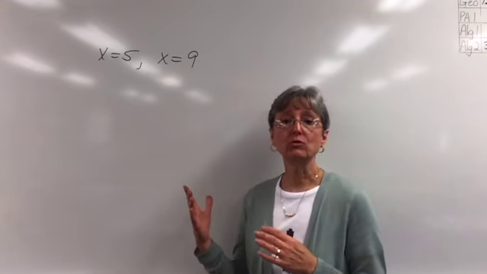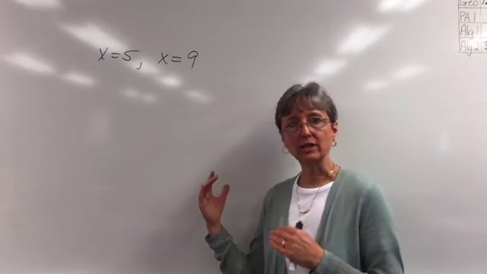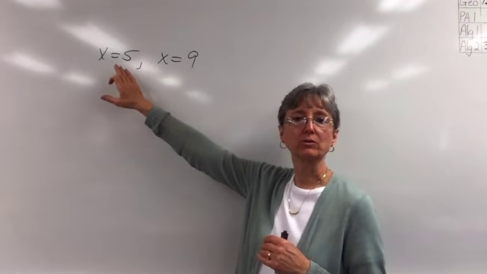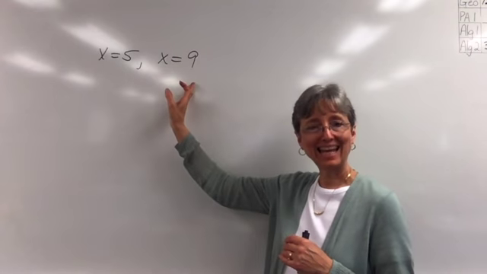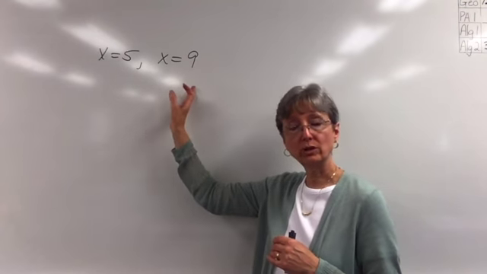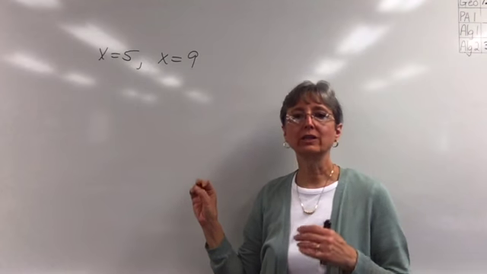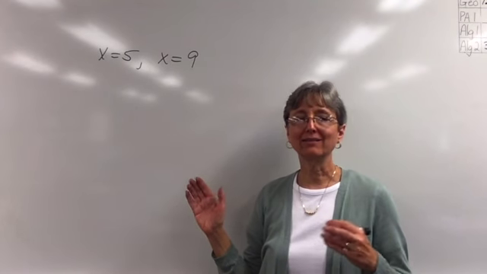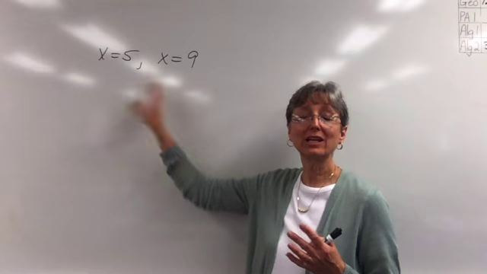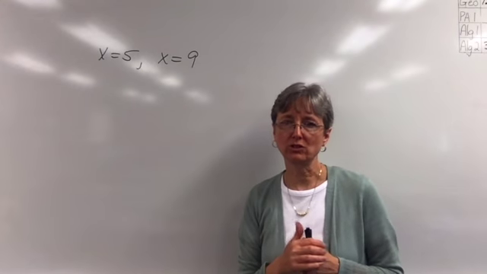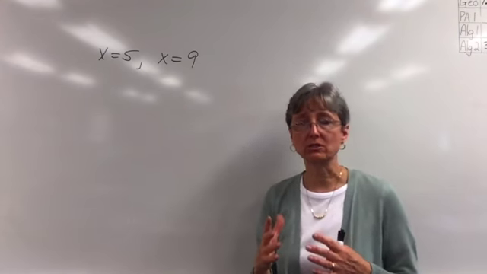But they ask you to write a quartic that has real zeros of x equals 5 and x equals 9. Those are its real zeros. What would that quartic be? They ask you to do it showing transformations. First way is to show transformations.